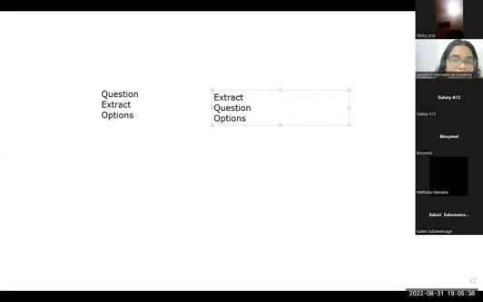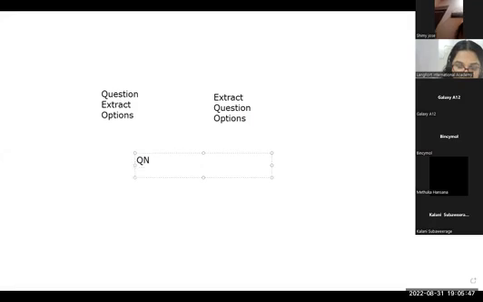However, there is a third method which I've seen many of you do. You start with the question, then move on to the options. Only after reading the question and the options, many of you come to the extract. I would strongly recommend you not to do this.